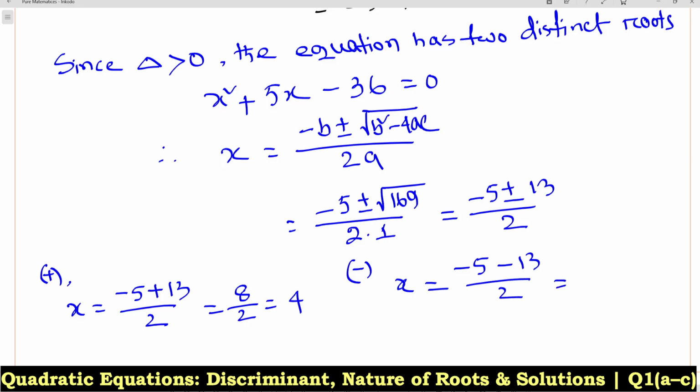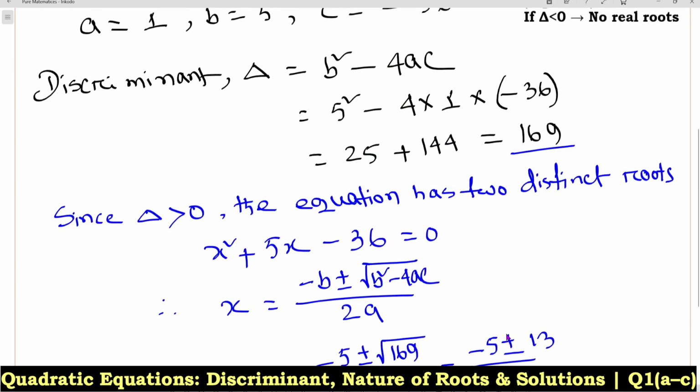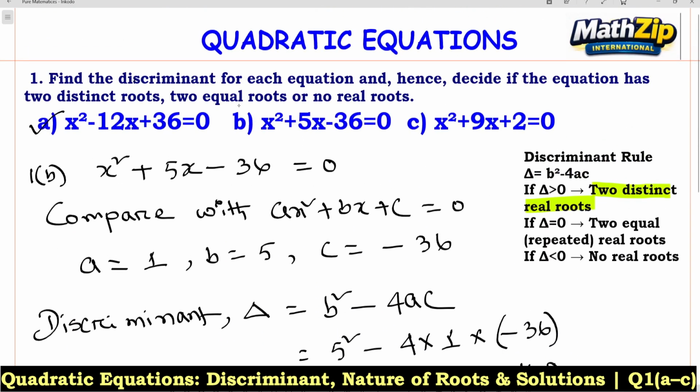Minus 5 minus 13 will be minus 18 divided by 2. It means the result is minus 9. So x equals either 4 or minus 9. This is our result. Two distinct real roots. One is 4, another one is minus 9. I hope you are clear on this one. So finally, number 1B is done.